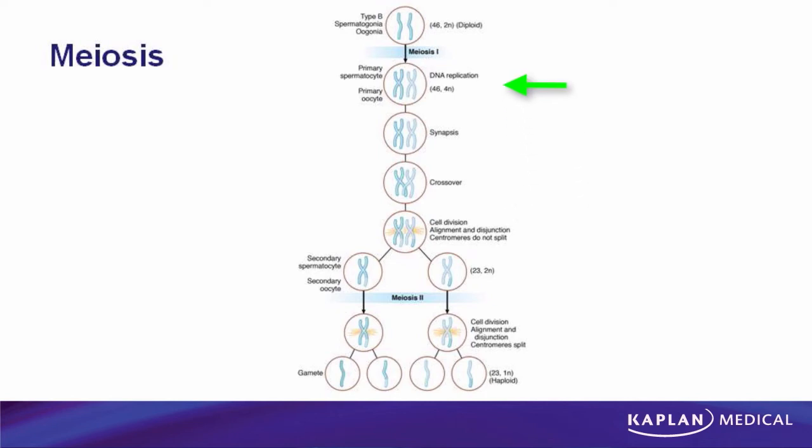In females, something quite different happens. When the primary oocyte divides at the end of the first meiotic division, we end up with the two nuclei. We've already said that.